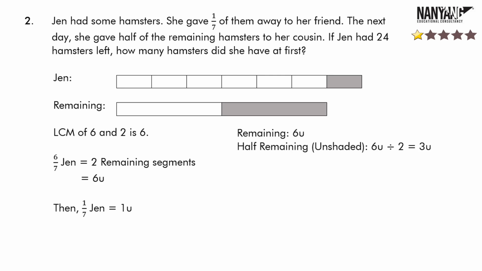And as the question tells us, Jen had 24 hamsters left. So 1 unit equals to 8. Now the question asks how many hamsters Jen had at first. That would be 7 units, which is 8 times 7, 56. So that's our answer. Jen had 56 hamsters at first.